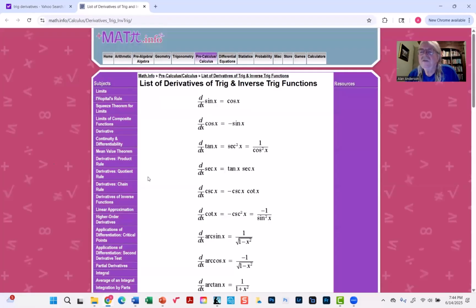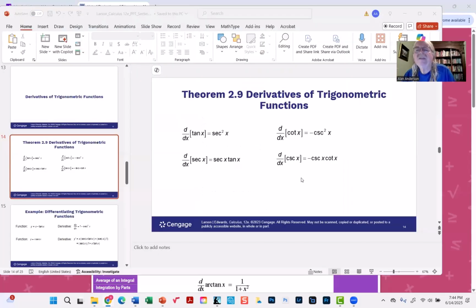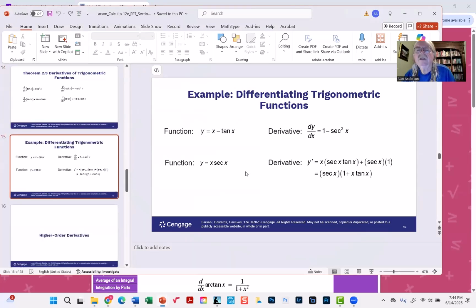I'm not sure if it's really all that important. And at least you should probably remember the derivative of the sine and the cosine. These others actually are derived from these first two anyway, based on their definitions, but this is the complete list. And so they're going to give us a few examples.